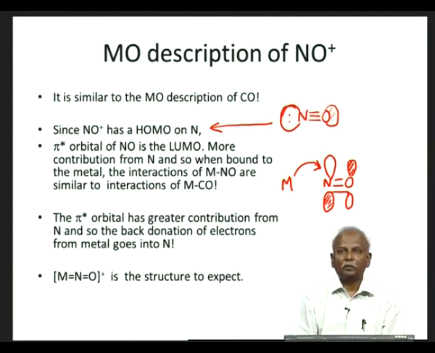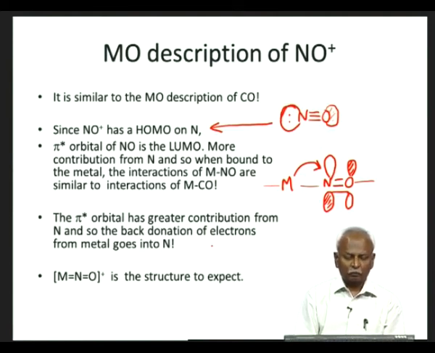The metal d orbitals, especially, if this is the z axis, then the dxz orbital will donate electron density into the nitric oxide.